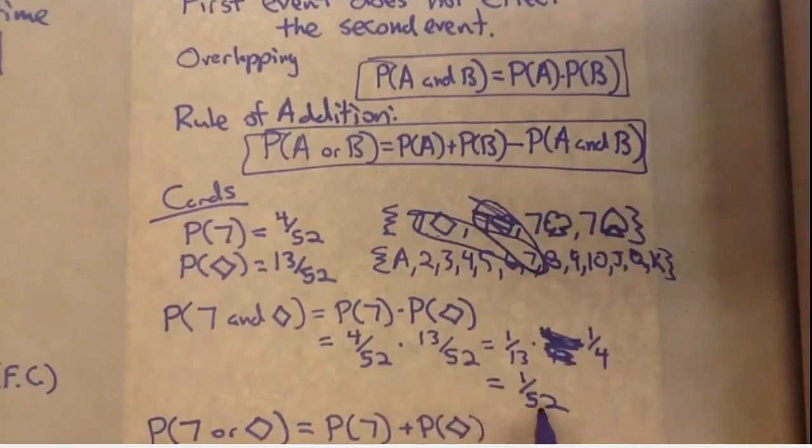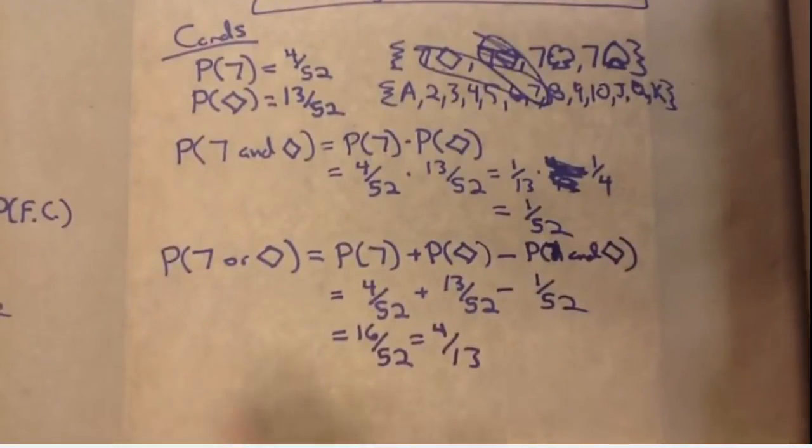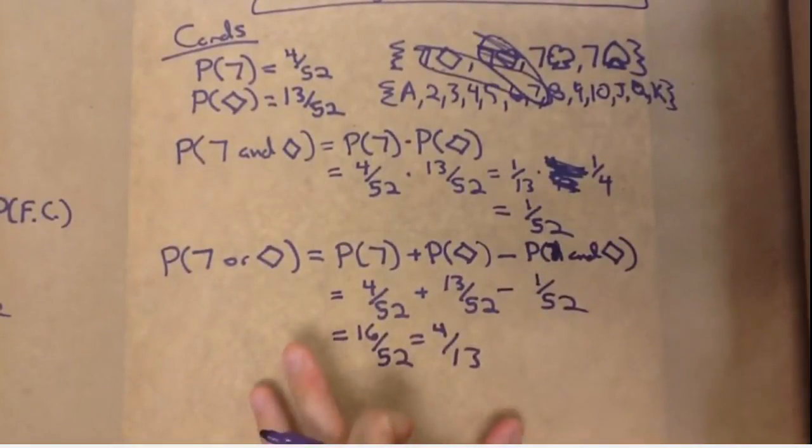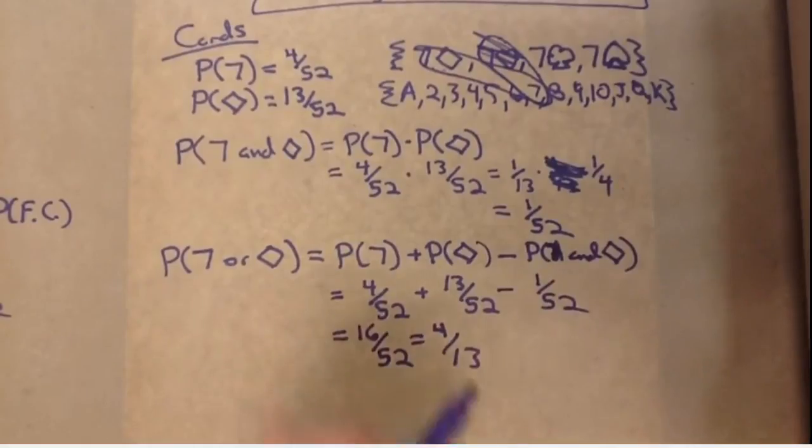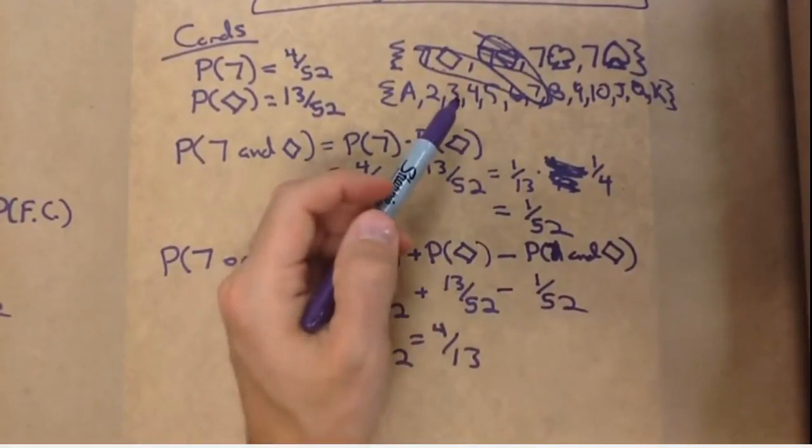And the and is 1 in 52. So now I get 16 over 52, which comes out to be 4/13. So you've got to be careful on these and pay attention to that overlap. You don't want to double count, and that's what an overlap does.